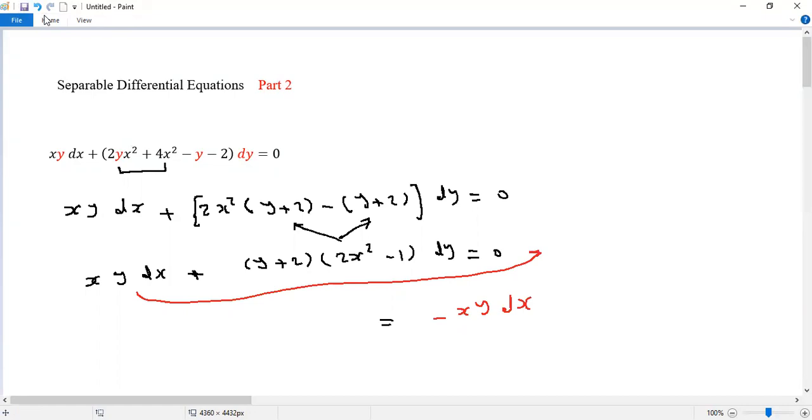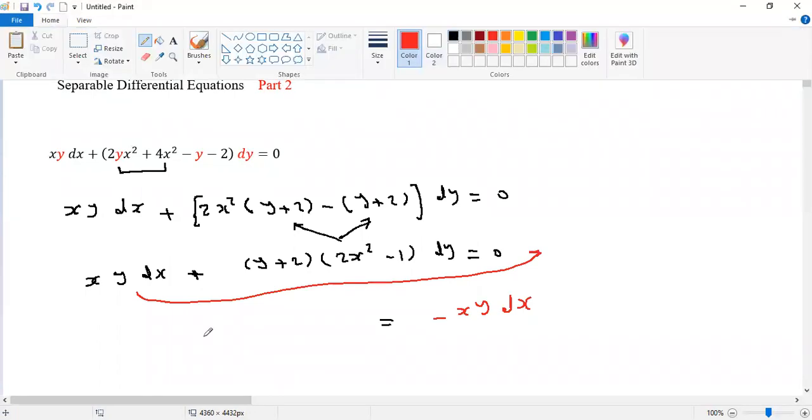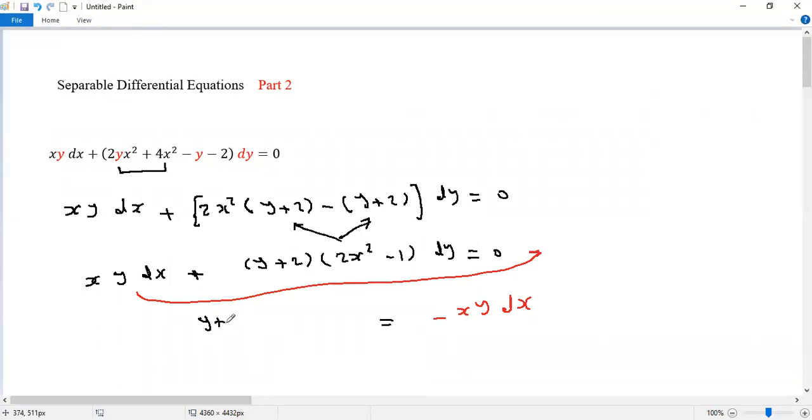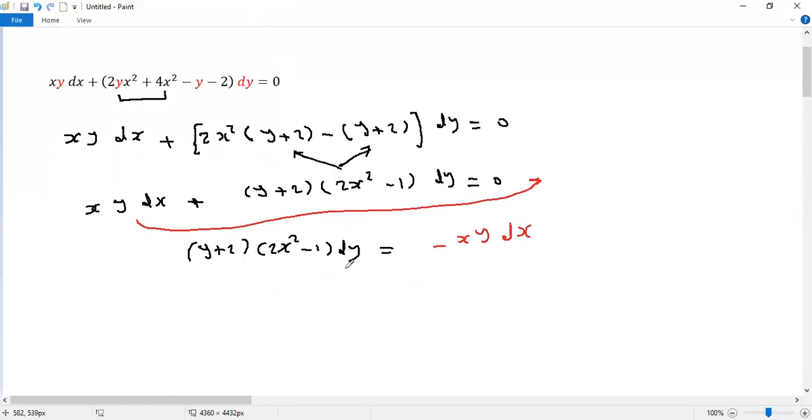On this side I have y plus 2 multiplied by 2x squared minus 1, dy. Now if we look here, this differential equation can be separated. I keep y plus 2 here and divide by 2x squared minus 1.